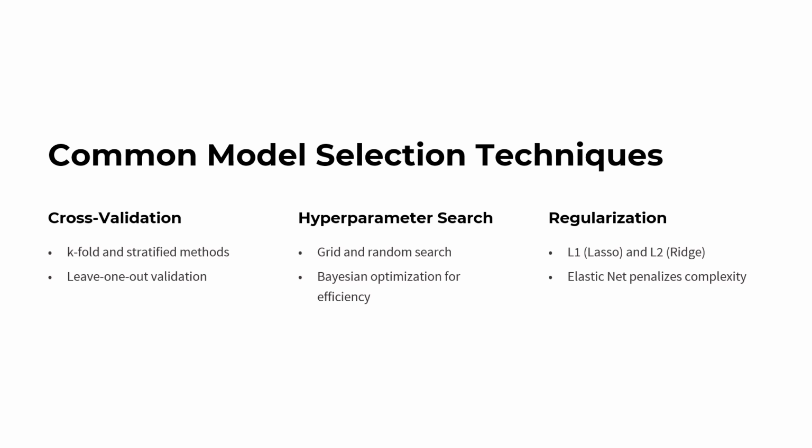Finally, we use regularization to avoid overfitting, basically telling the model not to get too clever and memorize the data. All of these steps help us choose a model that performs well not just in training but also in real world situations.